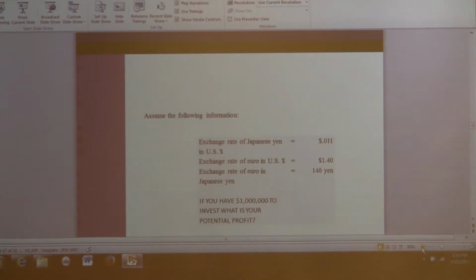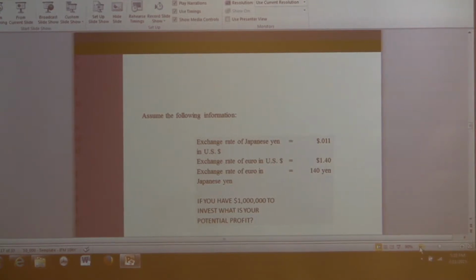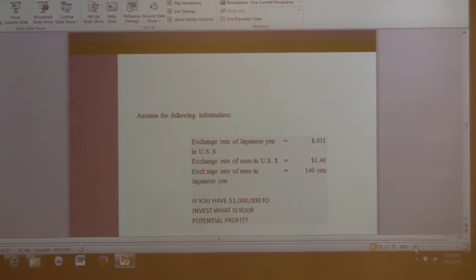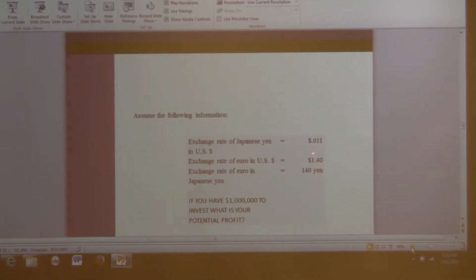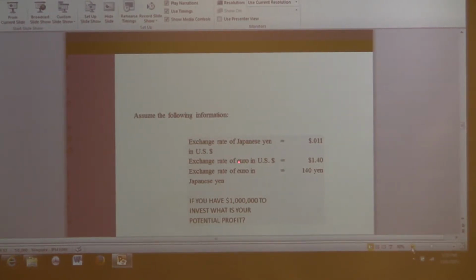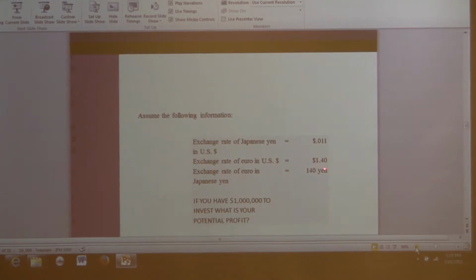Okay, so here, the exchange rate of the Japanese yen is 0.011 per US dollar. You have to pay 1.1 cents for 1 Japanese yen. The exchange rate of the euro is 1.4.